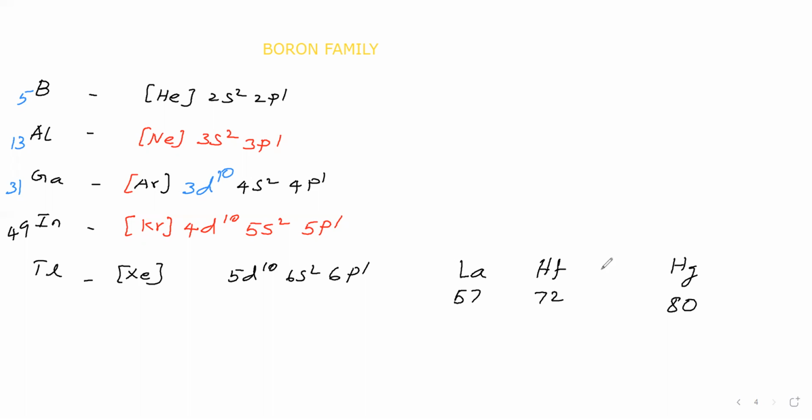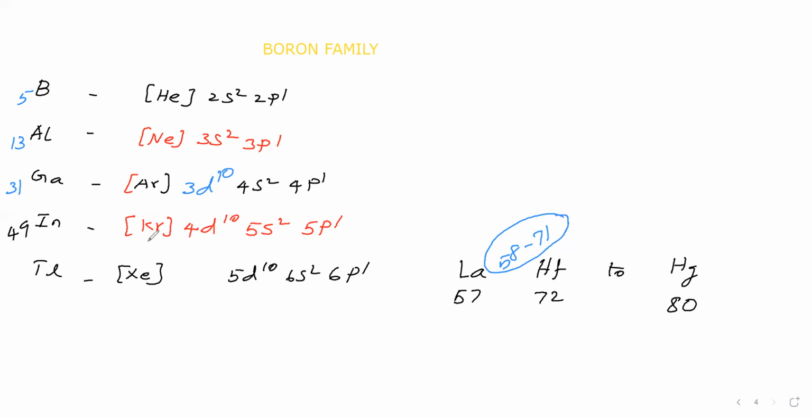So now in the 5d series, lanthanum is one element, then hafnium to mercury 10 elements. 57 to 72, what is the difference? 58 to 71. These are the lanthanides, 4f series elements. There are 14 elements here.